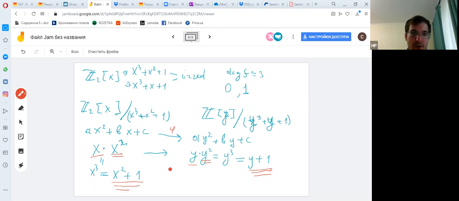So phi is not a homomorphism, and this is not an isomorphism.